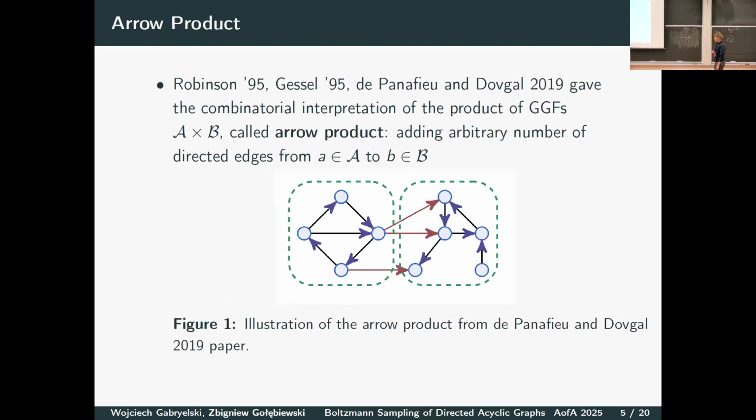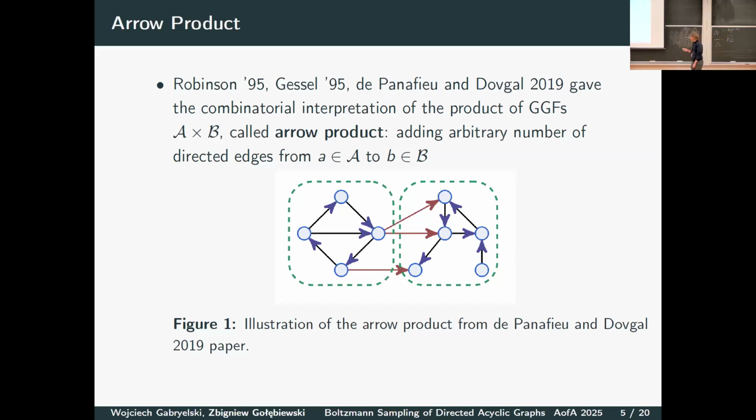But in case of the product of two structures associated with those graphic generating functions, already Robinson in the 90s, Gessel, and more recently Élie de Panafieu and Sergey Dovgal gave a combinatorial interpretation of this product of graphic generating functions. They called it the arrow product, and I borrowed this illustration from the Élie and Sergey paper.